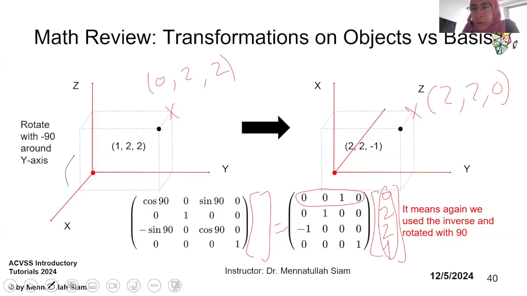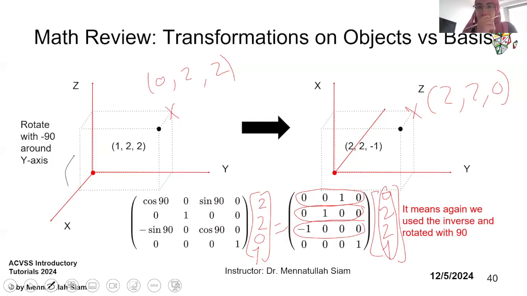So if you take this row multiplied by this vector, you'll end up having here 2. This row multiplied by this vector, you will end up having 2 again. And then this row multiplied by this vector will end up being 0, because you're already at 0, and then 1 for the homogeneous coordinate.